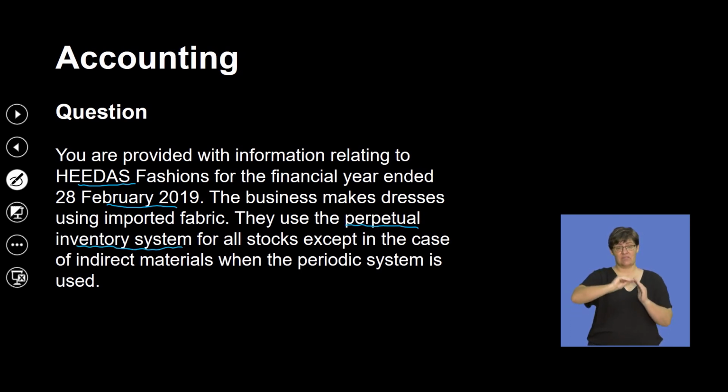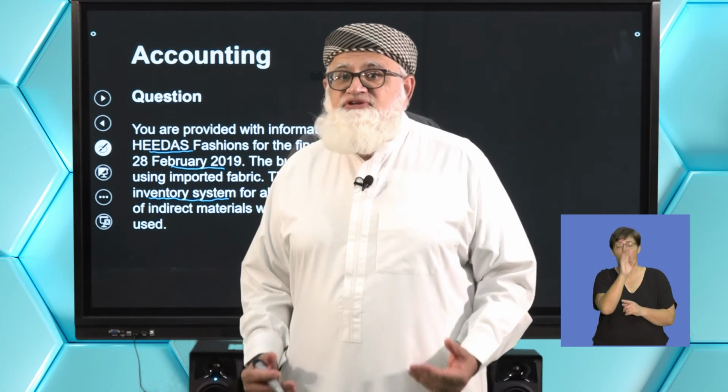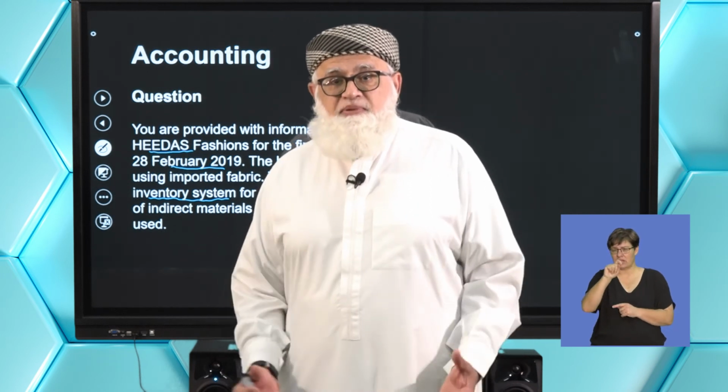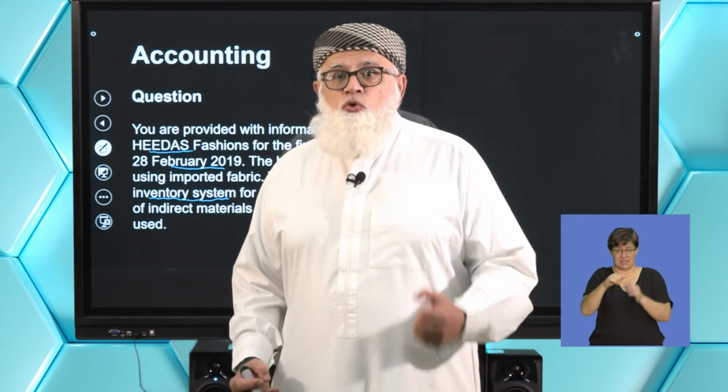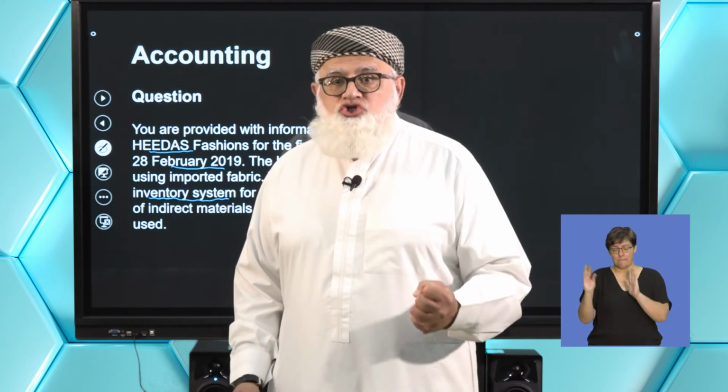This is important. When we're dealing with the Perpetual Inventory system, once again, draw on your knowledge of your previous learning experience. Remember, you dealt with the Perpetual Inventory system. What is the Perpetual Inventory system? In the Perpetual Inventory system, we keep a record of the cost of sales.